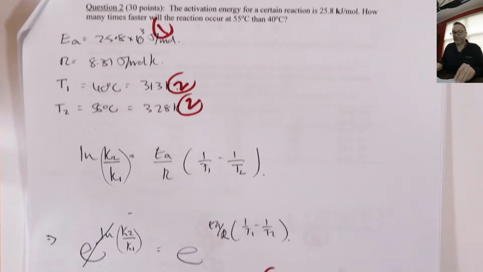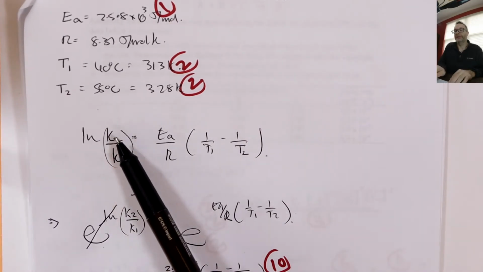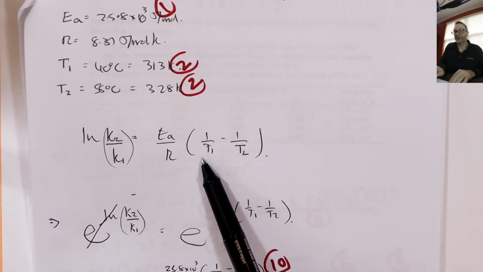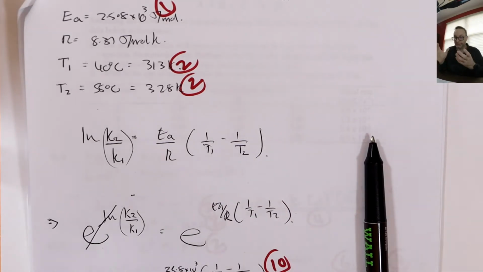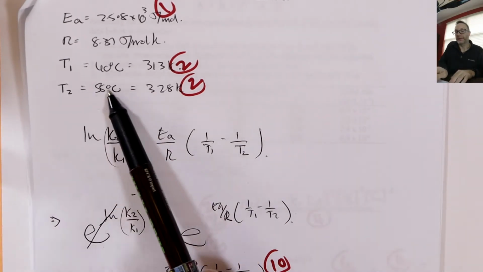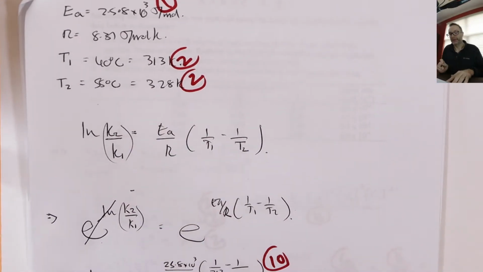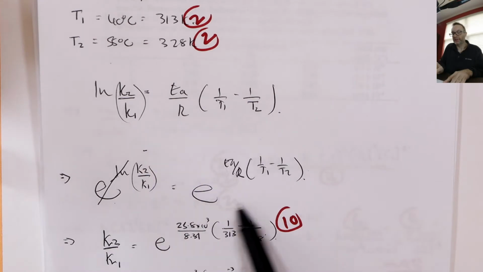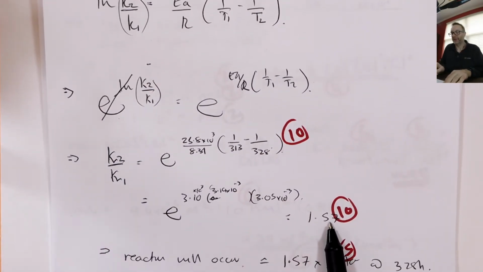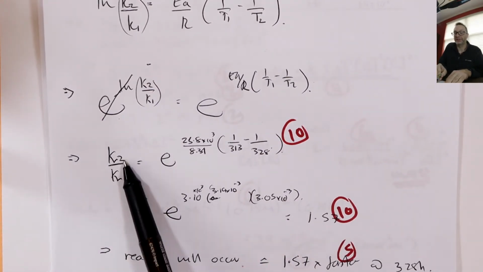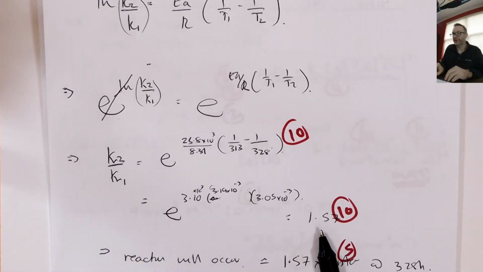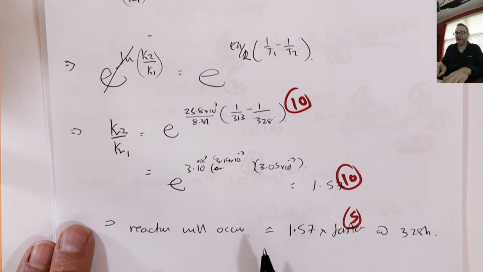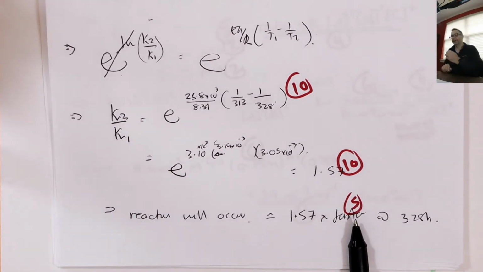Remember, because it's K2 over K1 and coupled with that T2 and T1, there's the equation from the back, right? You gotta make sure T2 and K2 are the bigger numbers, right? So bigger number, yeah, okay. All right, so basically just stick the numbers in and rearrange, right? We did that one in the class, followed it through. The ratio K2 to K1, which is proportional to the difference in speed, is 1.57, so then you just tap that on the end there, 1.57 times faster.